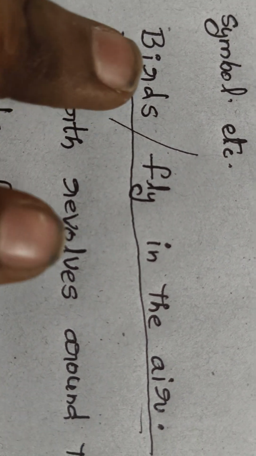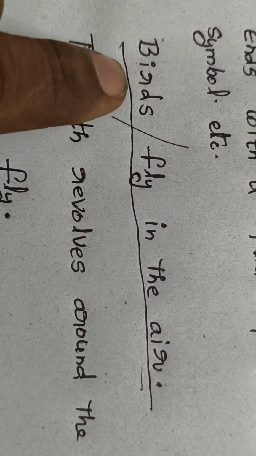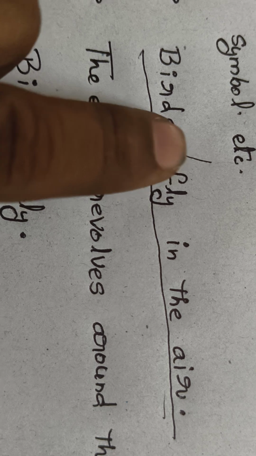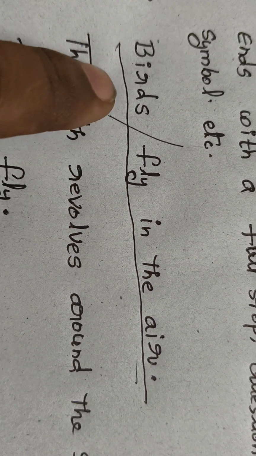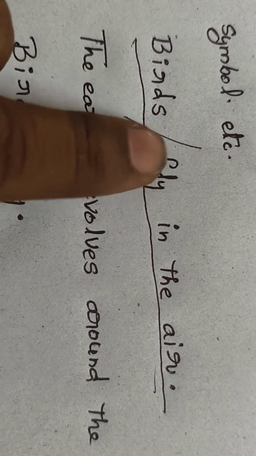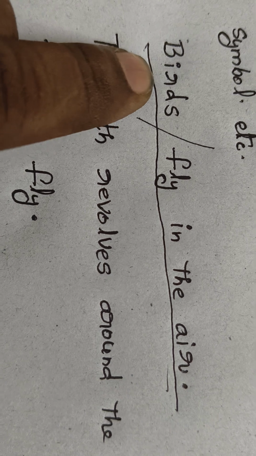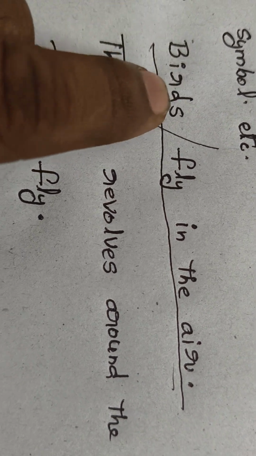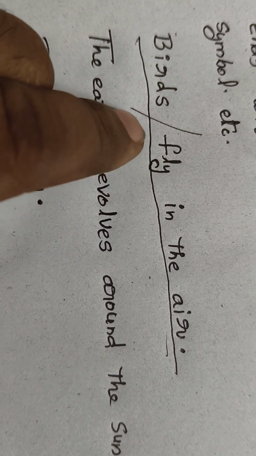In this sentence, birds is the only word, so it is the subject. We are discussing birds. The topic is birds. So, birds is subject. Then what happened to these birds?